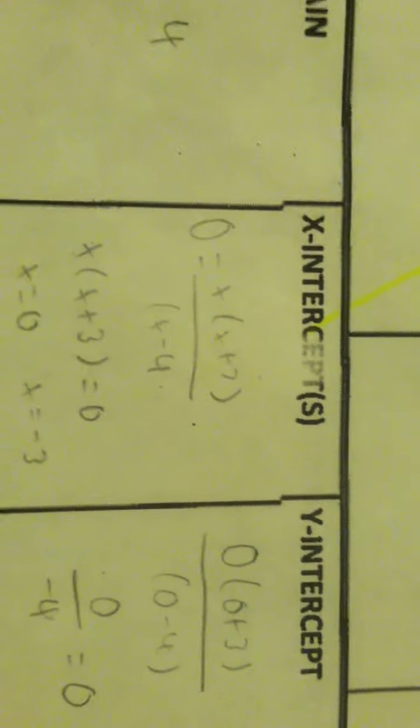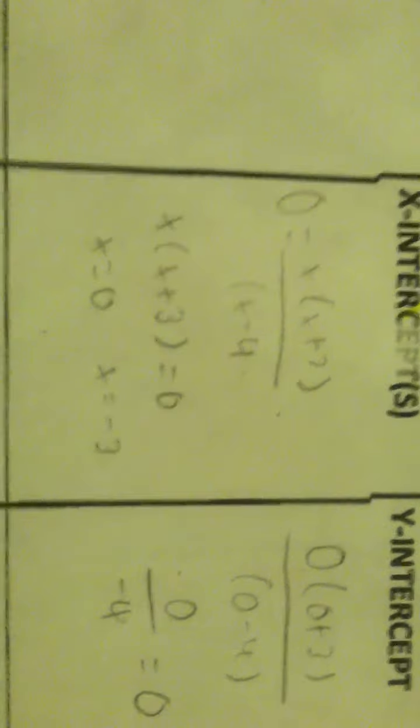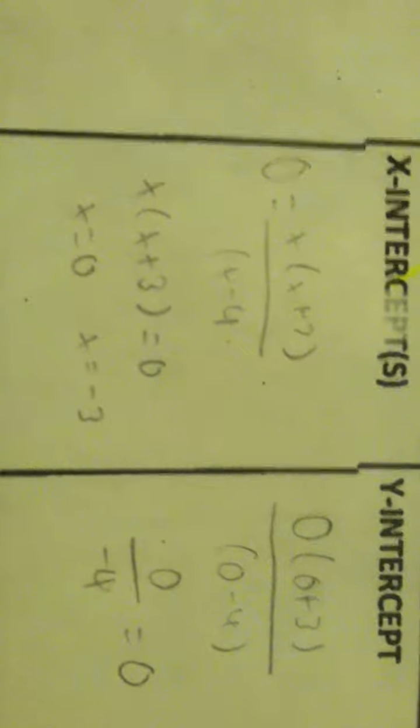And then the next step would be to find the x-intercept, where you would just plug in 0 as y in the factored equation, which is this one, just the factored equation without the parts that are already cancelled. So it'll look like this.